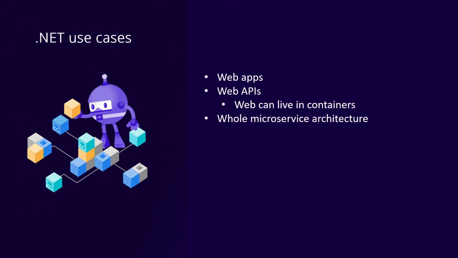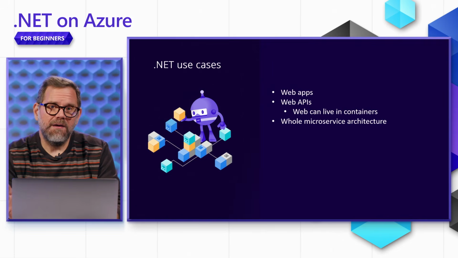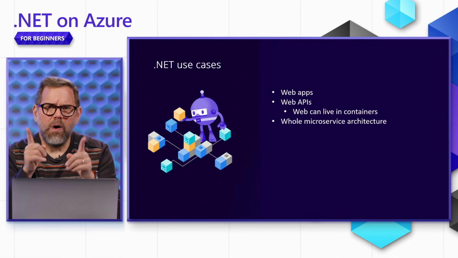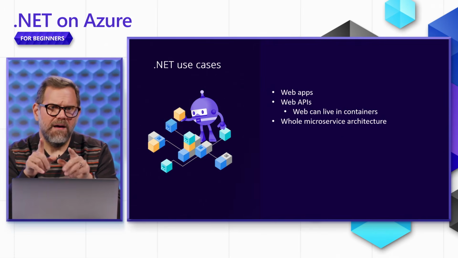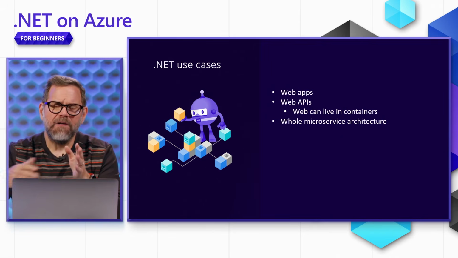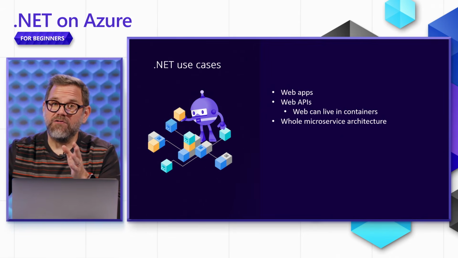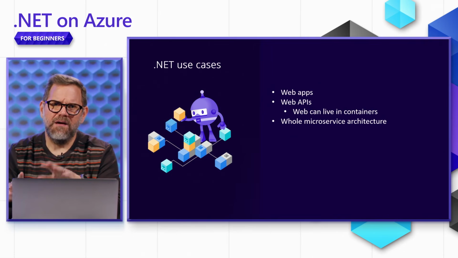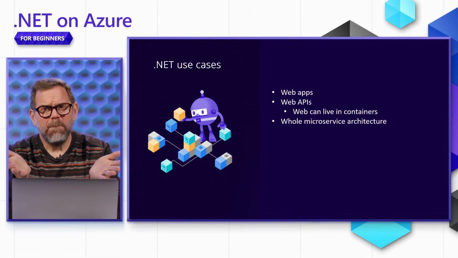A whole microservice architecture can then be deployed with .NET on Azure. So now we have our microservices, which are responsible for one thing only. They're using their own database. They're completely separate from other microservices. They can be deployed separately. They're easy to maintain.